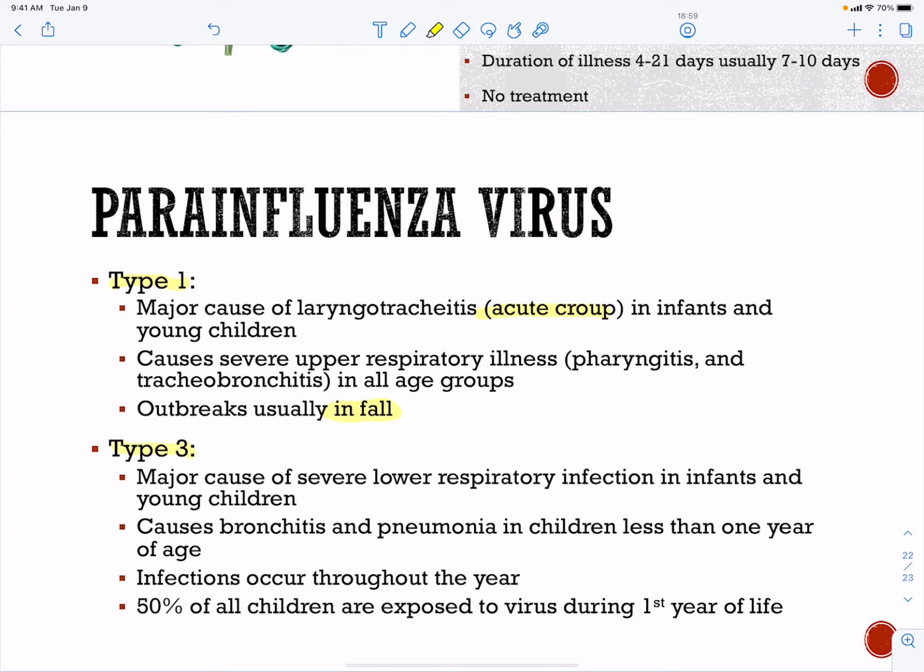Type 3 is going to cause the lower respiratory infections in infants. This is going to be more bronchitis and pneumonia. And this is different than type 1 because it has no seasonality to it. However, it's very contagious. It's very common. So by about the first year of life, most children have been exposed to this virus and have their protection.